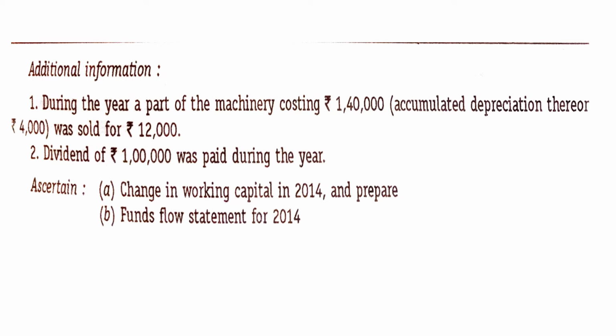Second, dividend of 1 lakh was paid during the year. Payment of dividend is considered as non-operating expenses and add this amount to the profit and loss account. Ascertain change in working capital in 2014 and prepare fund flow statement for 2014.